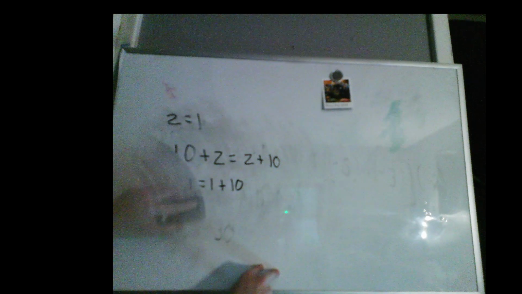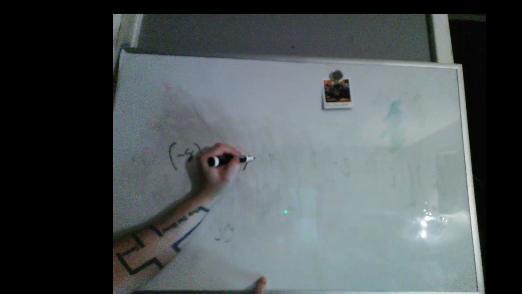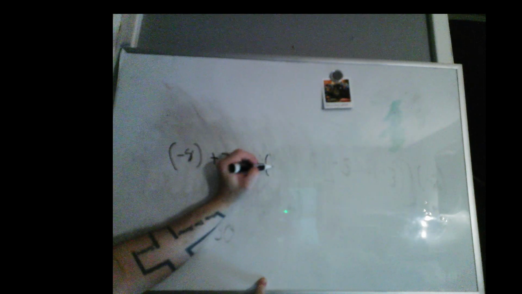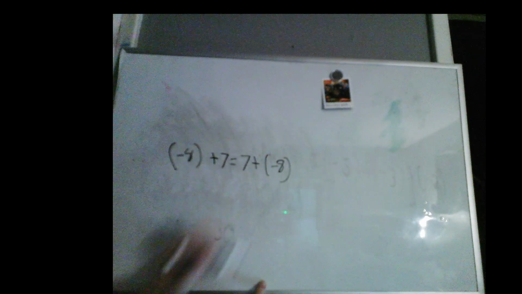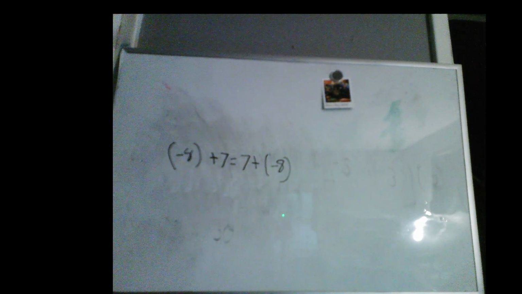Here we have another equation. Negative 8 plus 7 equals 7 plus negative 8.